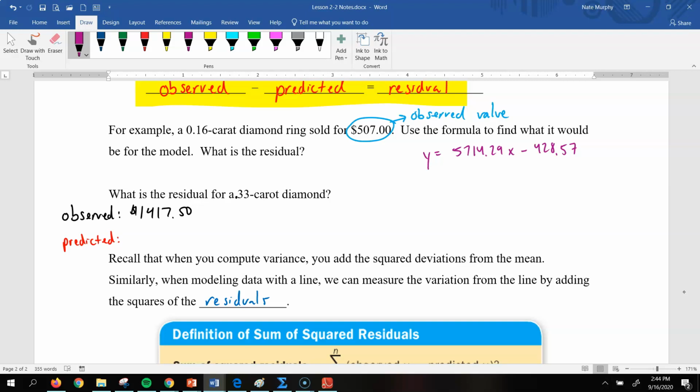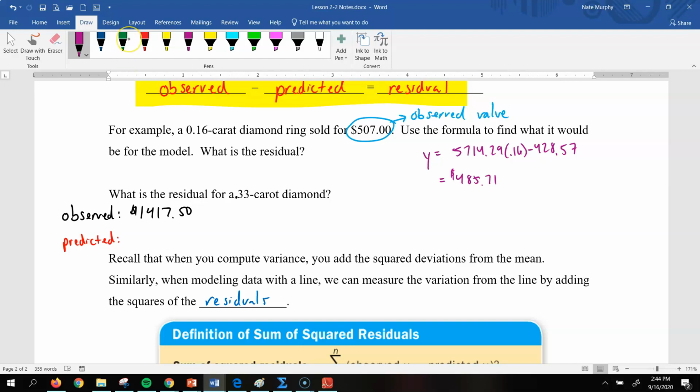So I'm going to erase this x and put 0.16 in there for x. If we plug that into the calculator, we end up getting $485.71. Meaning we would have predicted that diamond would have sold for about $486, but it actually sold for $507.